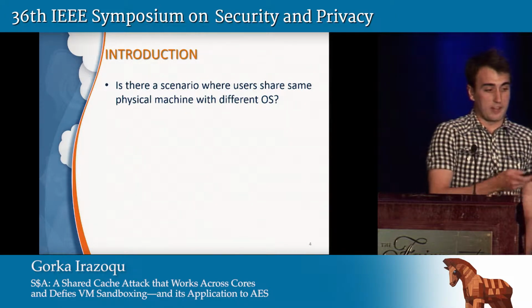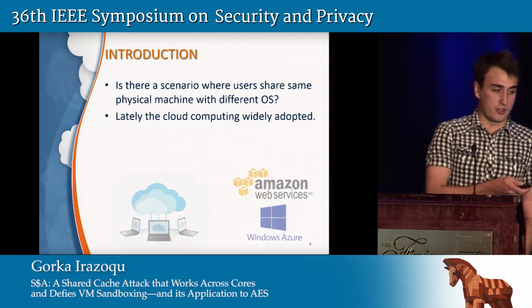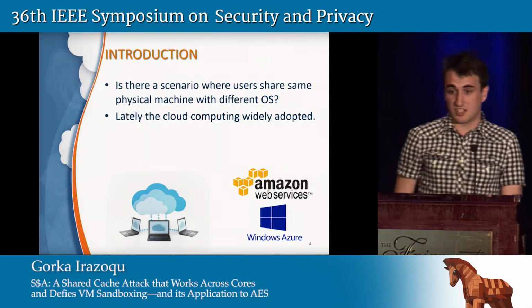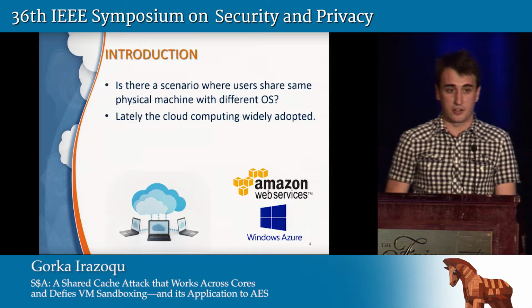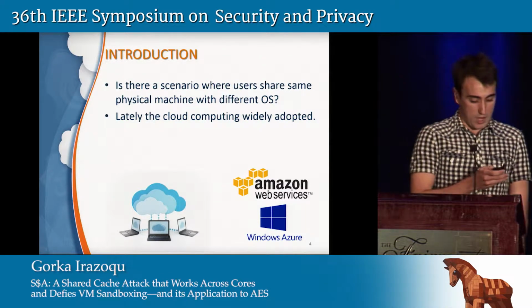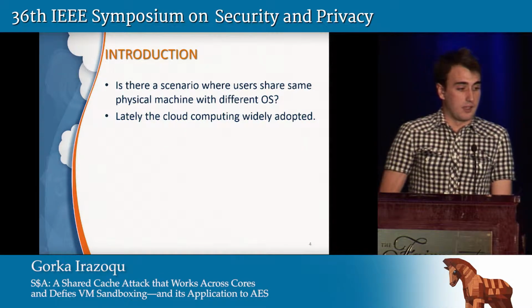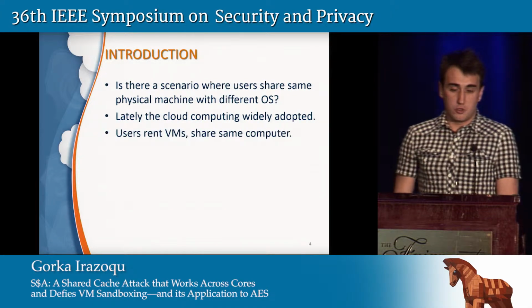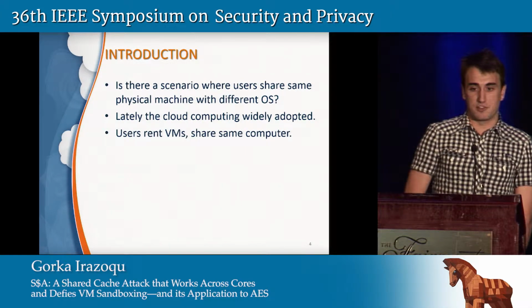Thanks to the wide adoption of cloud computing systems, cache side channel attacks found the perfect scenario where they can be applied. Why? Because in the cloud, two different users share the same physical hardware.